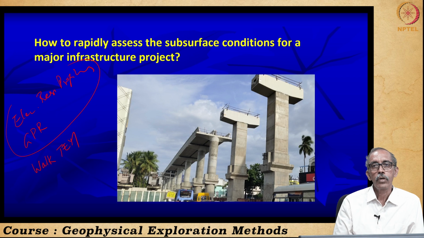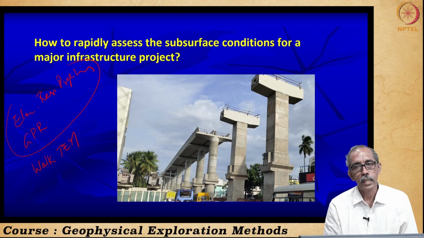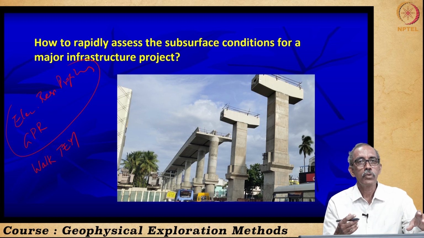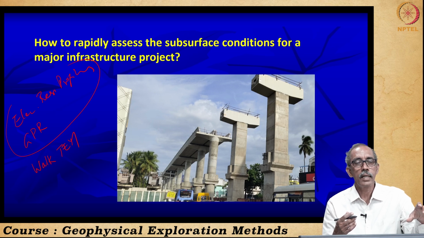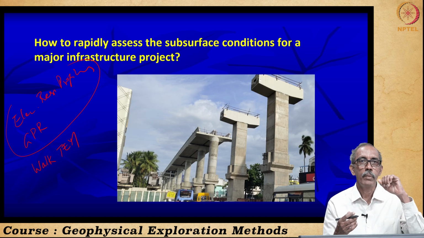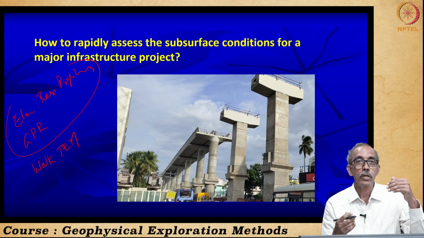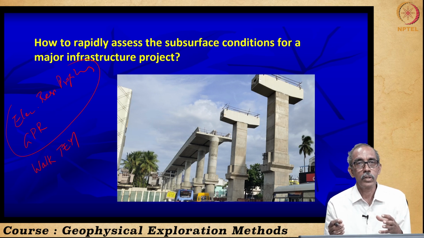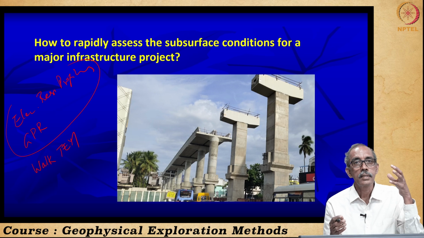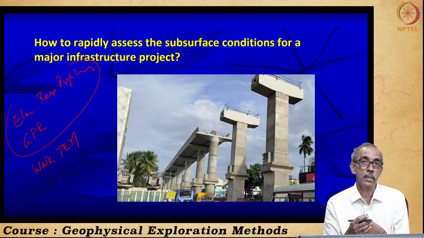Since these four questions are oriented towards engineering applications, most of the tools which we have discussed were dependent on electrical as well as ground penetrating radar. Suppose you want to identify a metalliferous deposit, then we may use magnetic methods. Suppose you want to locate the presence of large cavities below the surface of the earth, then seismic as well as gravity methods.